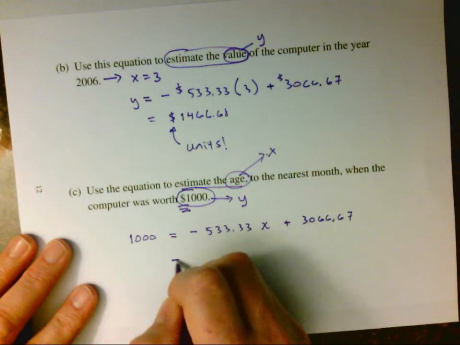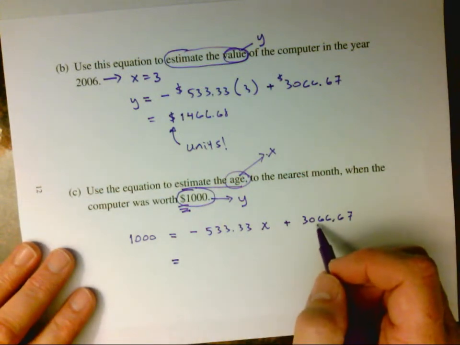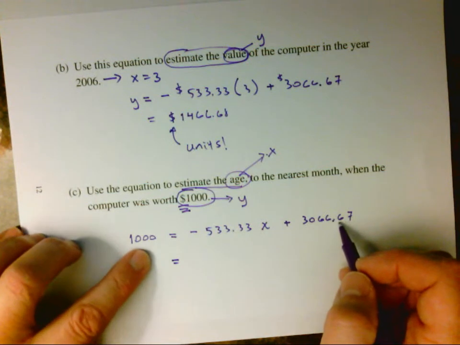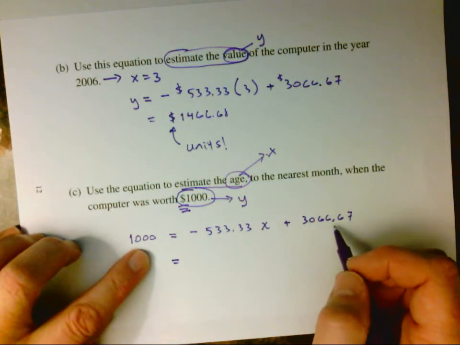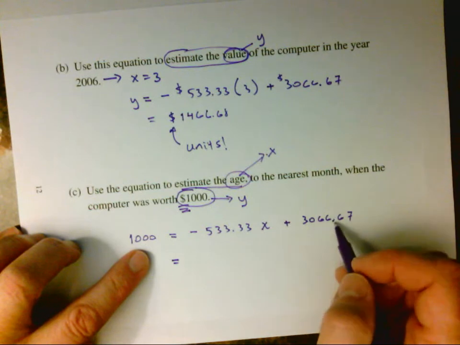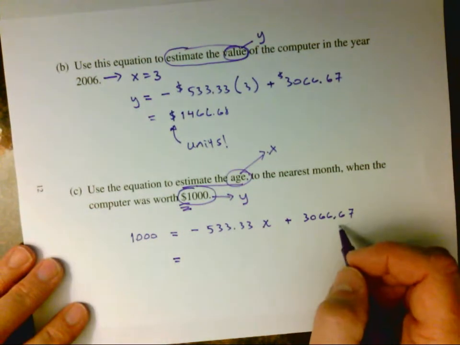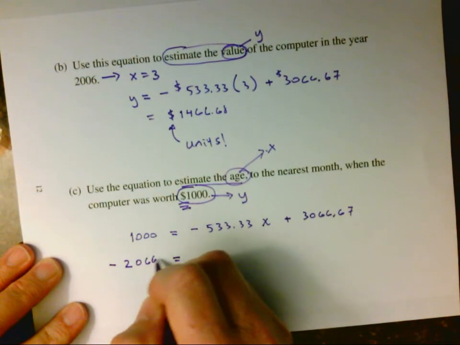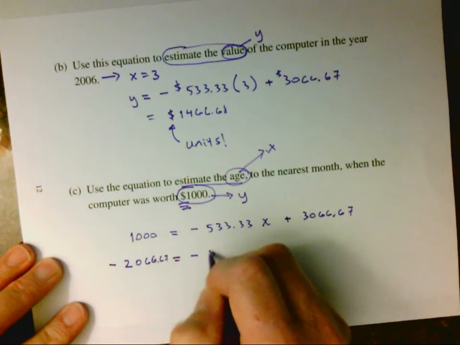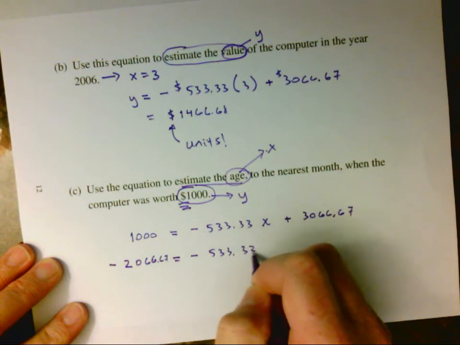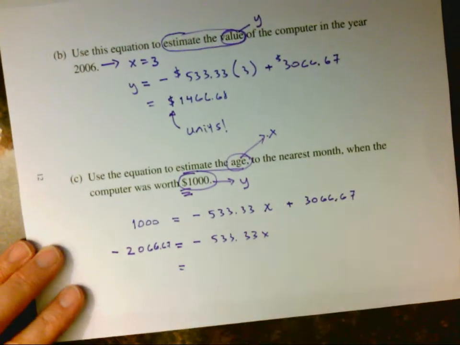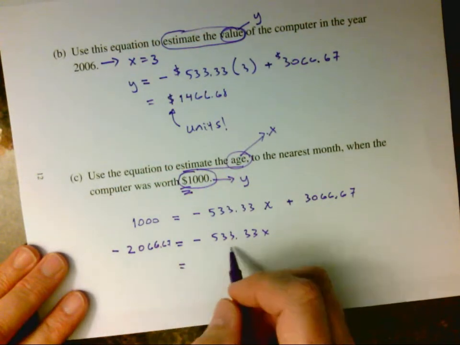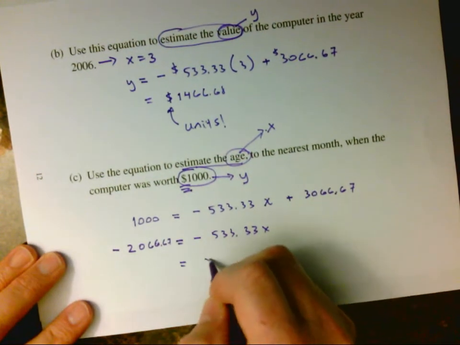We just go to town. Subtract 3066.67 from both sides. Well, you subtract that from 1,000. That's the same thing as doing 3066 minus 1,000, then changing the sign. So you get negative 2066.67 is negative 533.33x. Then simply divide both sides by negative 533.33.